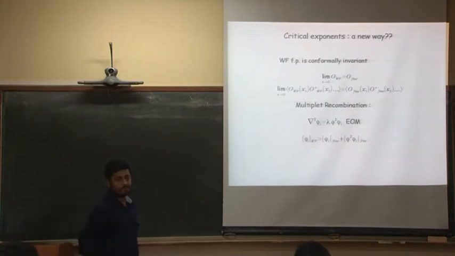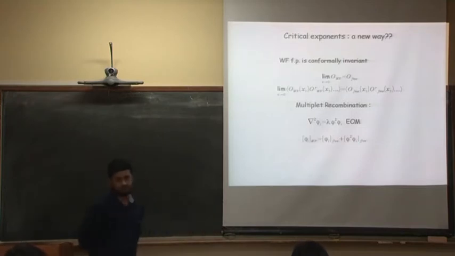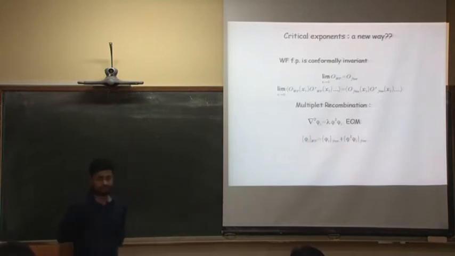Doesn't this contradict the first condition? The limit of the Wilson-Fisher operator should be the free operator. Yeah, but I haven't told you how the OPE coefficients behave. Ideally, what you should find is that if you take the limit of epsilon going to 0, this thing should again become a primary.